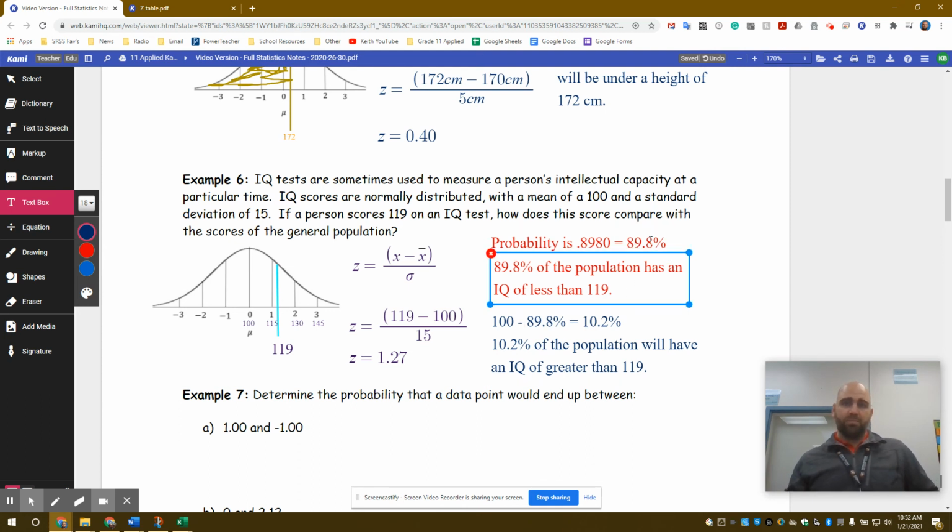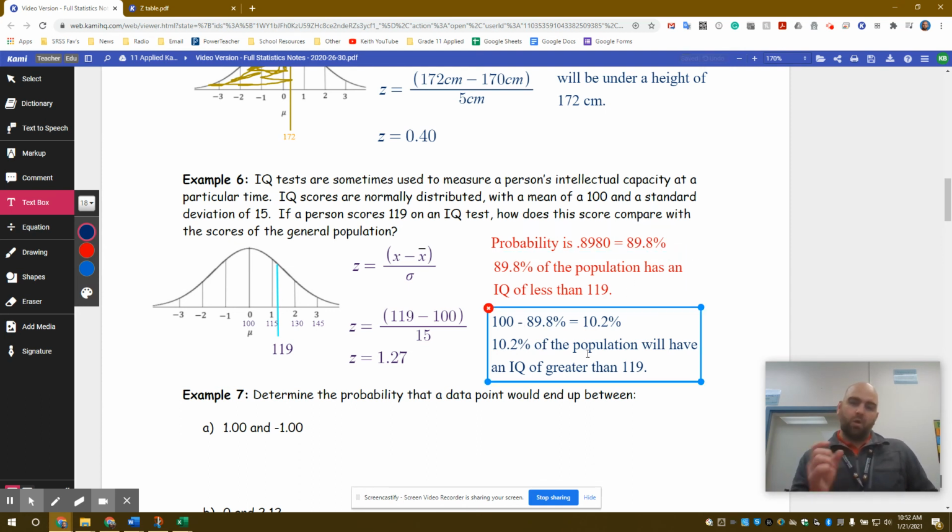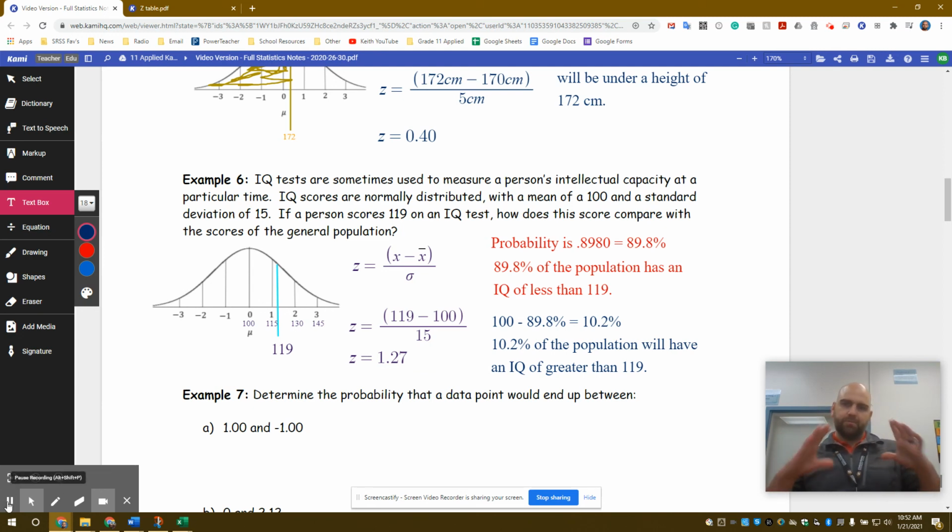We can find both below and above and figure out where they fit in according to the general population. You can say that if you have a 119 IQ, you have a higher intellectual capacity than 90% of the population, but you're lower than 10% of the population. That gives you an idea as to where you fit in that spectrum according to the normal.